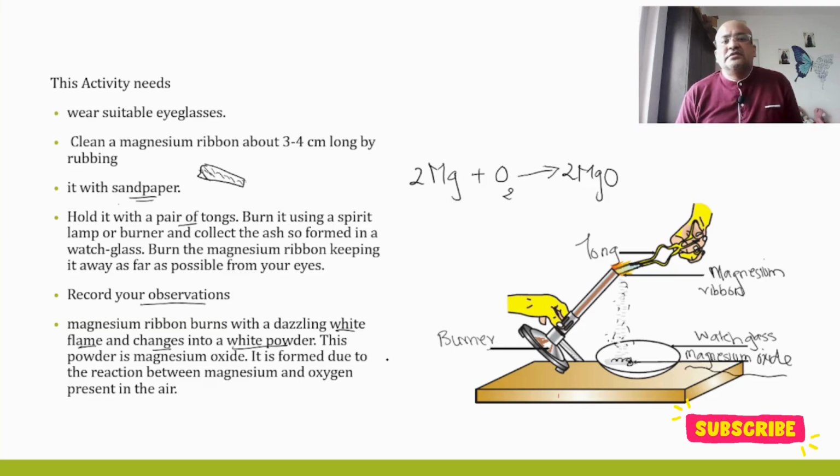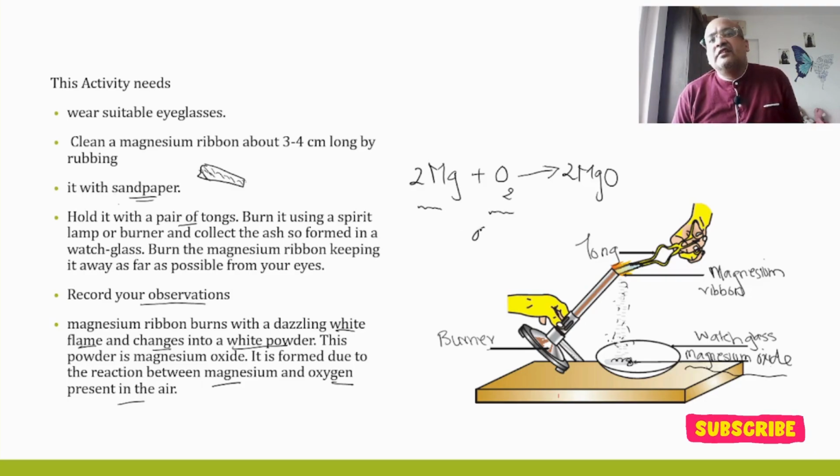And what happens is that there is a reaction between magnesium and oxygen present in air, right? So you'll see that we have taken magnesium ribbon and we have burned it in air. Burning in air means what?